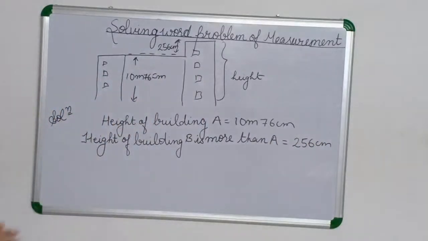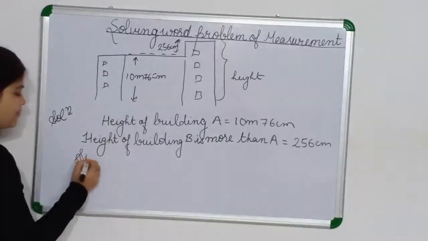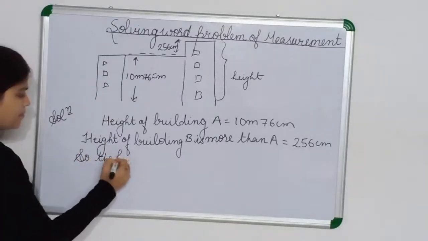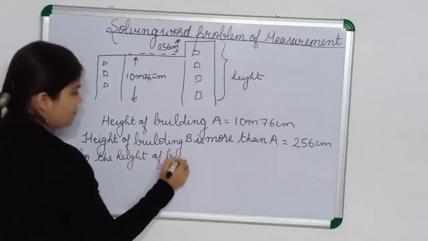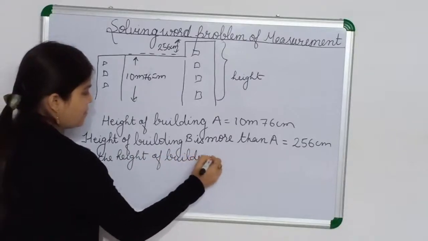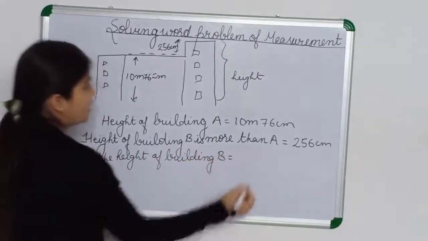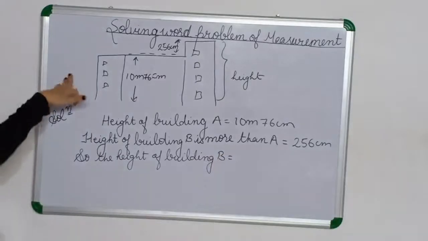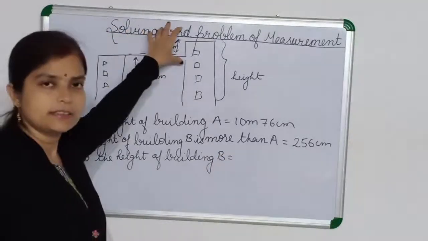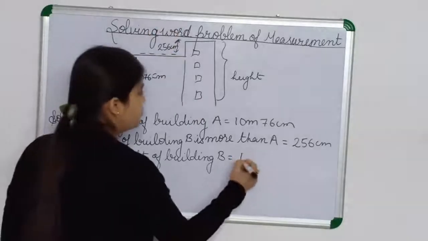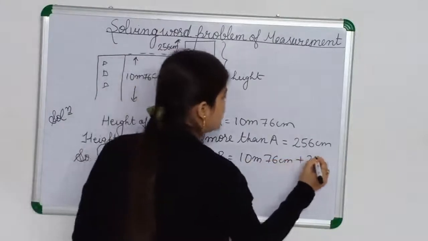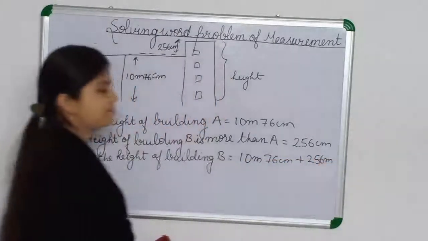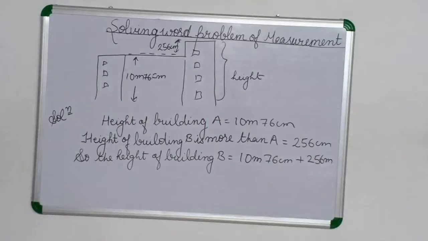Then what is the height of building B? We have to find it. The height of building B is equal to the height of building A plus this much height. So the height of building A is 10 meter 76 centimeter plus 256 centimeter. Clear to you all?